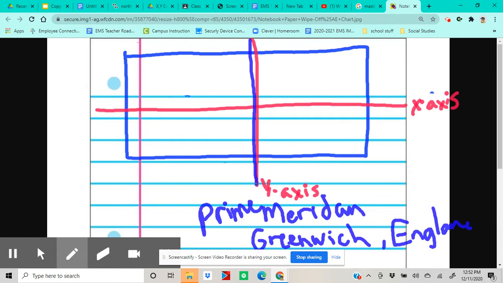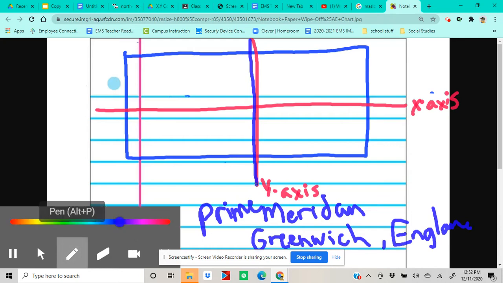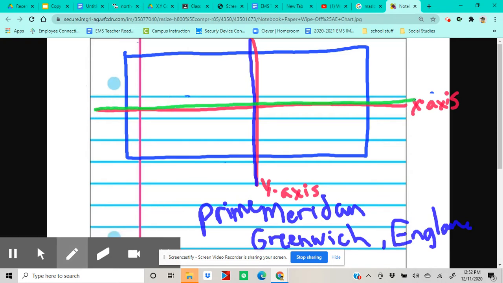Now, the other one you may also be familiar with, and we call that the equator. The equator is also the x-axis, but on the Earth we call it the equator. The equator is 0 as well, just like the prime meridian, but we call this degrees, 0 degrees.